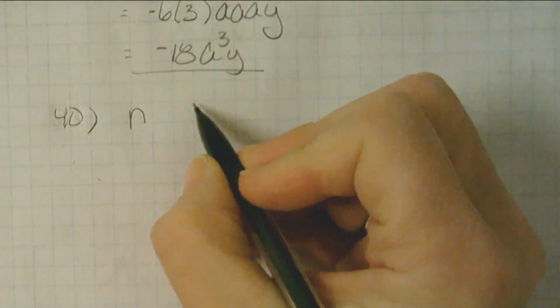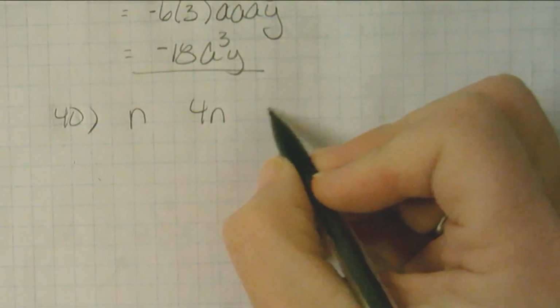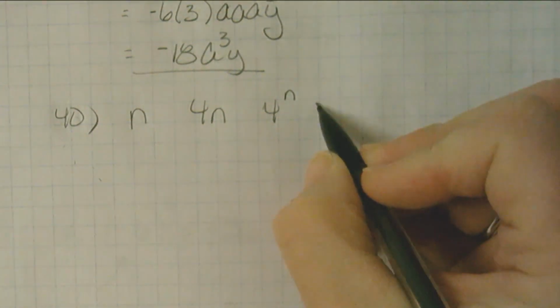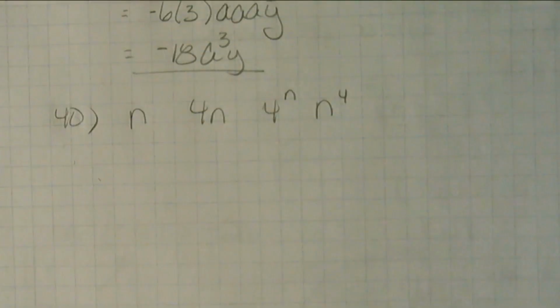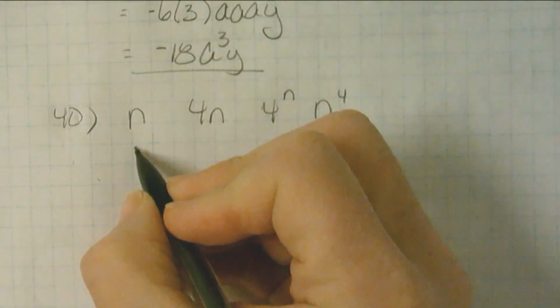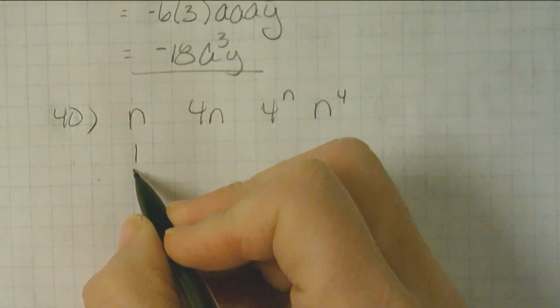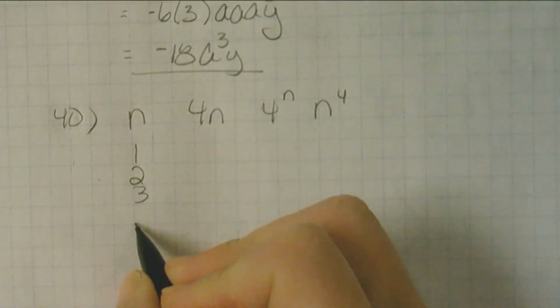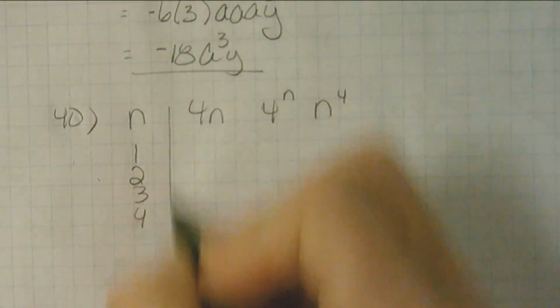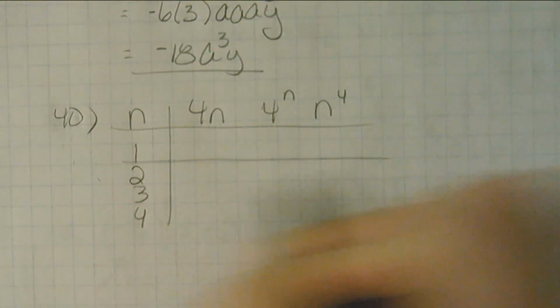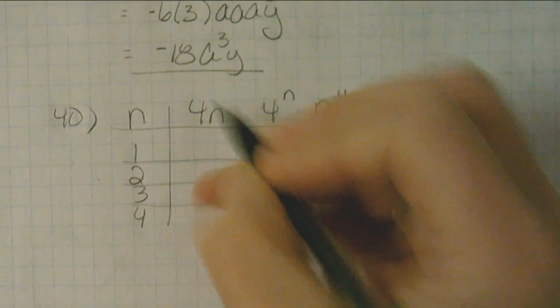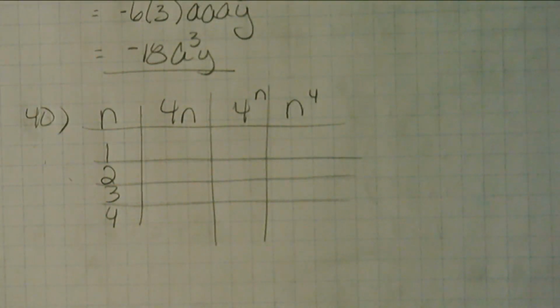All right, so they gave us this table. They gave us all these n values, 1, 2, 3, and 4. And they told us to complete this table. Now, some of you said to me, I didn't understand what to do.